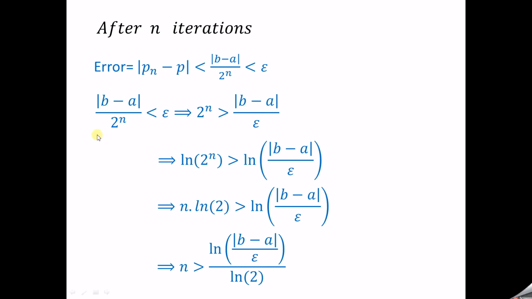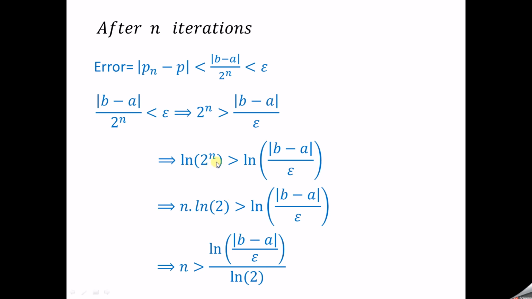From that, if we simplify, 2 power n is greater than modulus of b minus a over epsilon, taking epsilon to the numerator. Taking natural logarithm on both sides, ln 2 power n is greater than ln modulus of b minus a over epsilon.